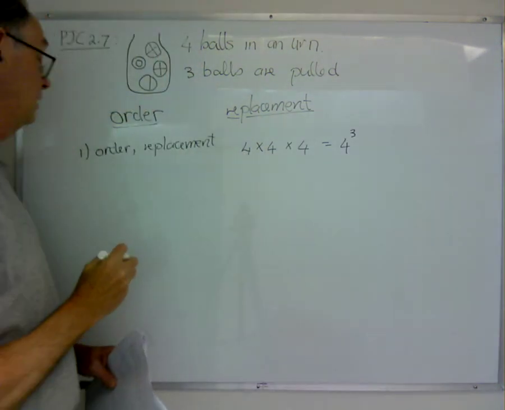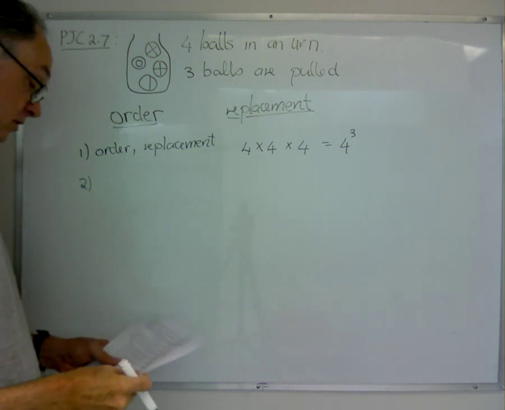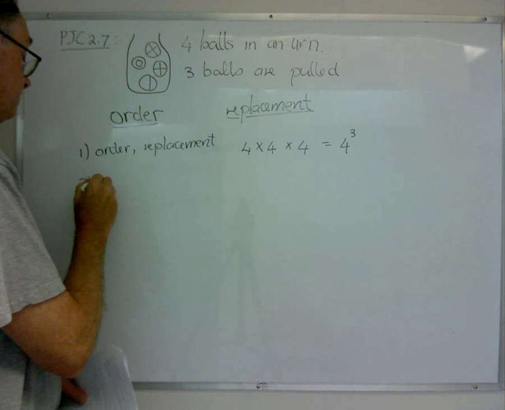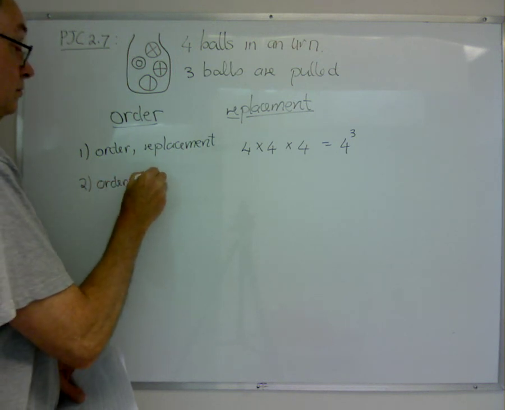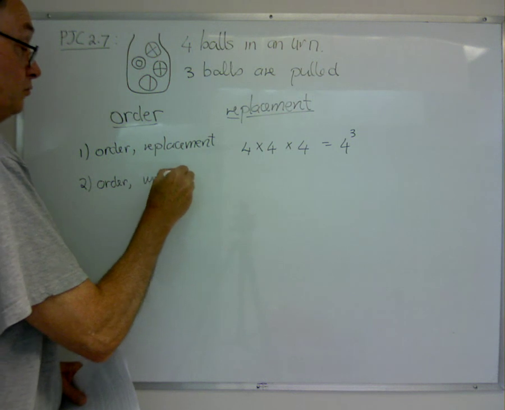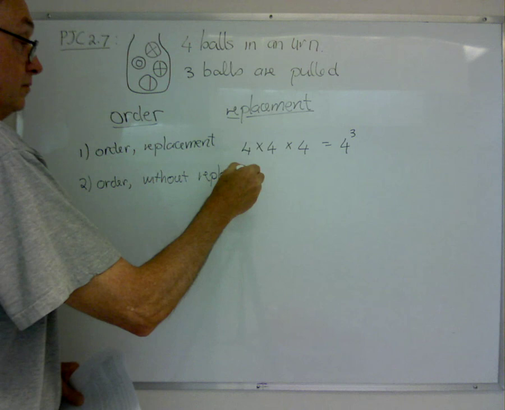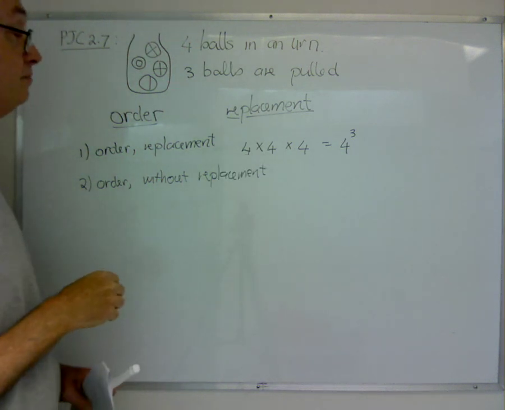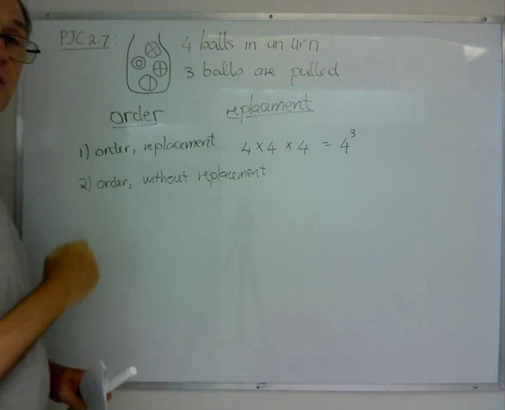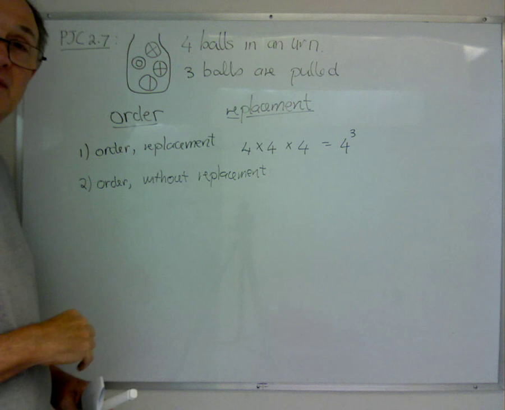The second one I want to look at is ordered but without replacement. In this case, you pull out the first ball, one of 4 choices, and you keep it.